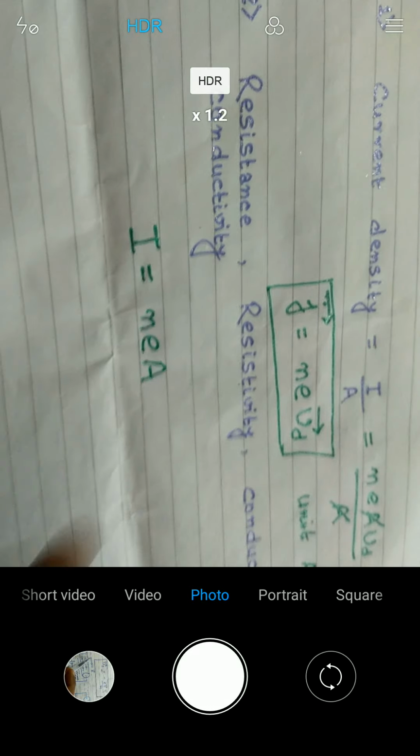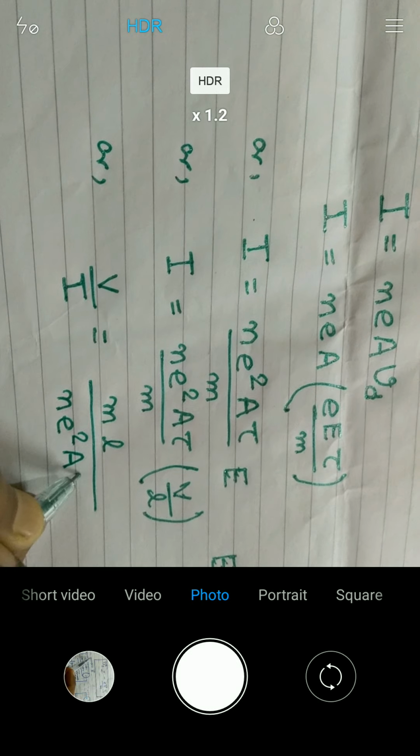There the potential of the battery was V and distance means length of the wire, that is L. So instead of E I am writing V by the length of the wire, that is L. Now see, if I cross multiply and write the ratio V by I, V divided by I, this will be simply mL divided by Ne²Aτ.